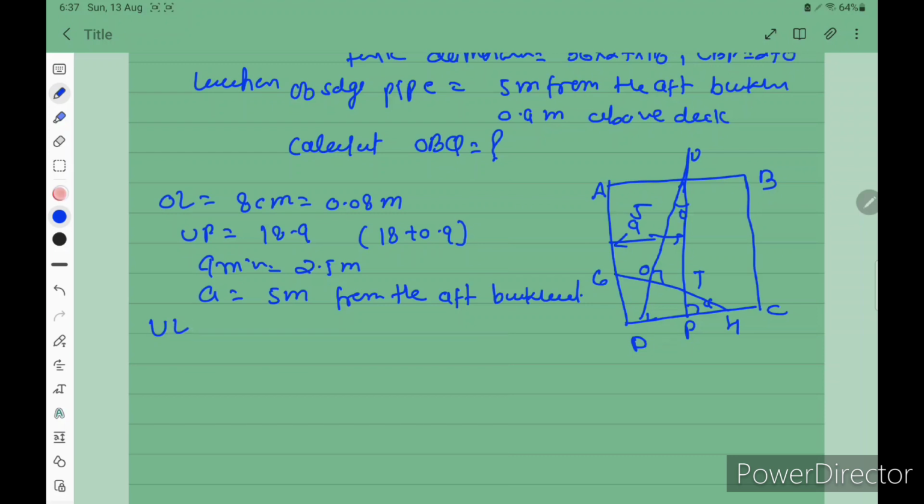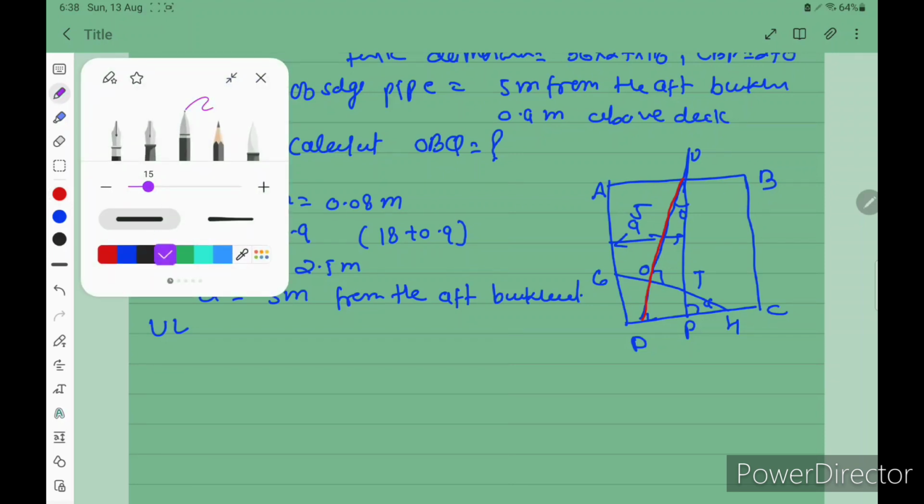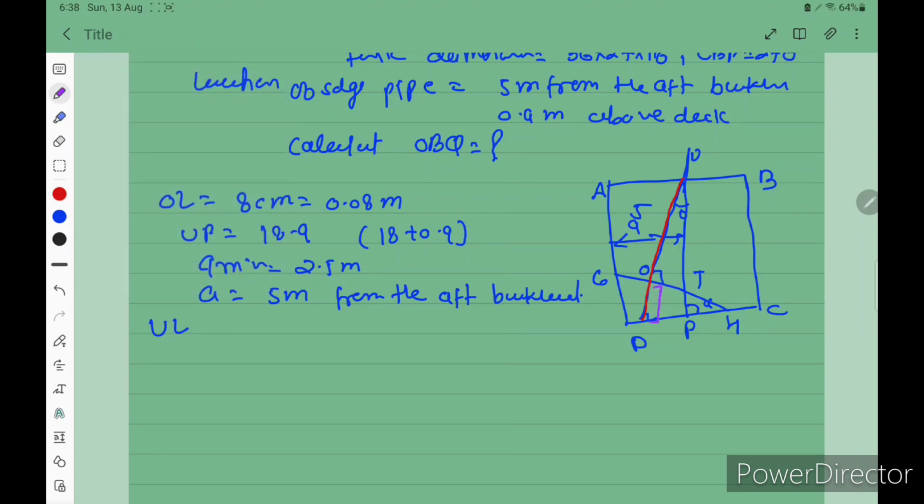So find out the UL, this one, and we have the OL. So we can find out this UO. So UL is equal to UP into sec tan inverse trim by LBP.